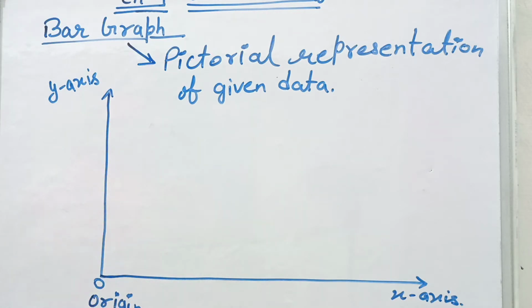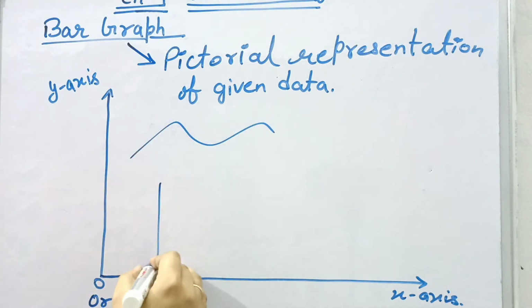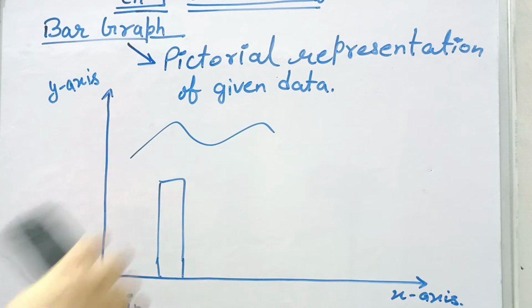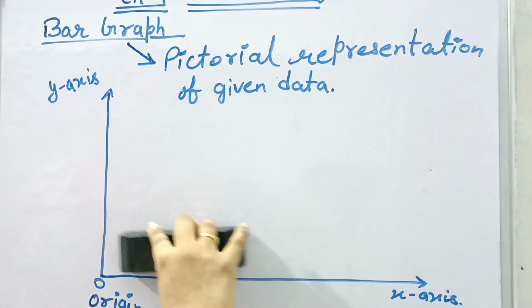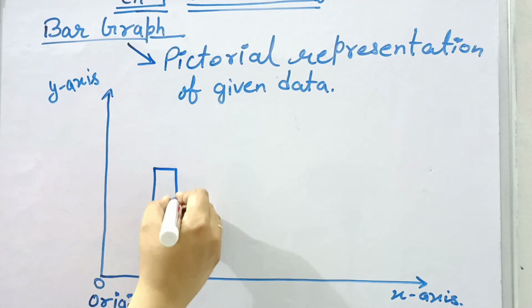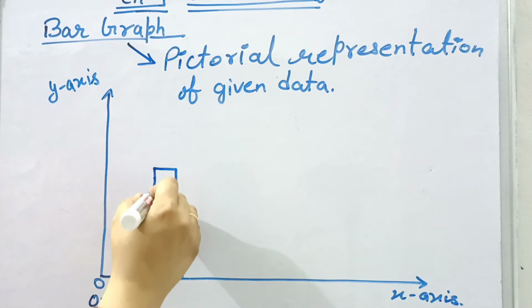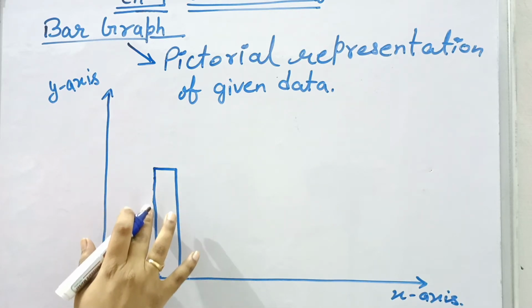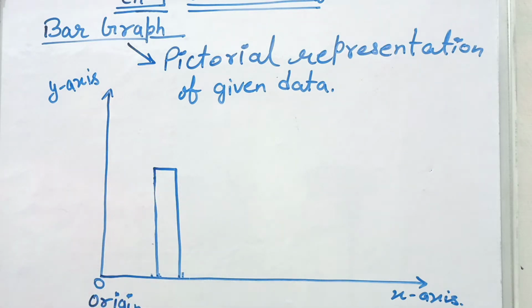Whatever graph it could be, whether a line graph or a bar graph or a histogram or any other graph. Now the point is, what is a bar graph? When we are representing our data with the help of bars, as you have seen iron bars in your daily life, this is one bar.